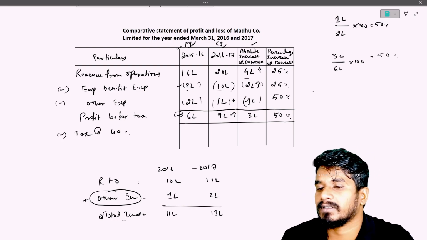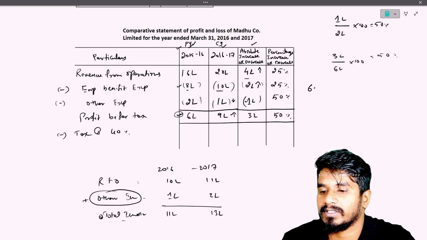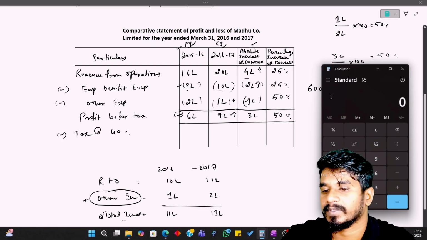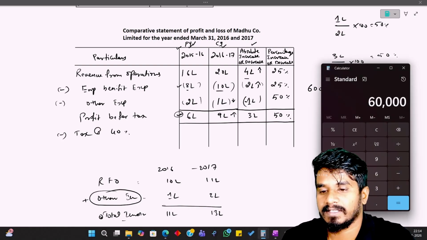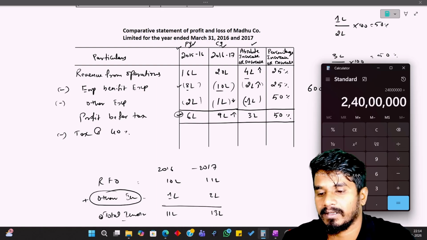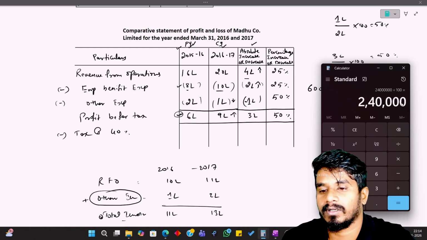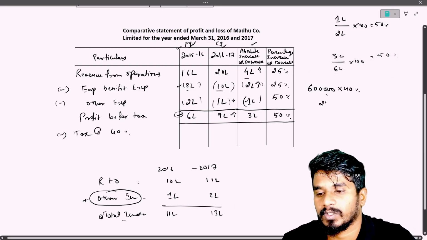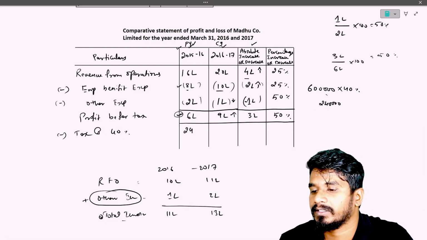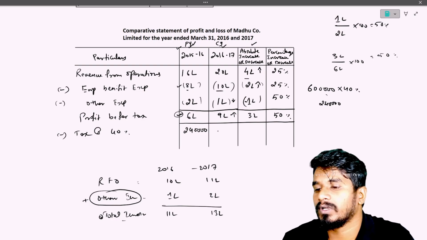What is the percentage of tax? 40%. 6 lakhs into 40 divided by 100. What amount are we getting? We got 2 lakh 40,000 as the tax amount.